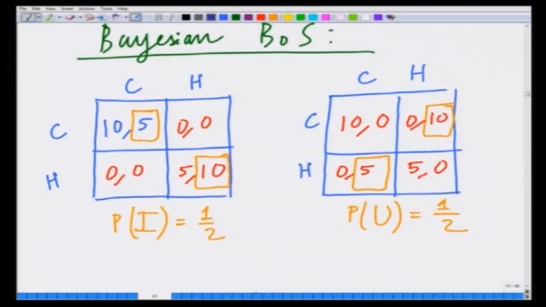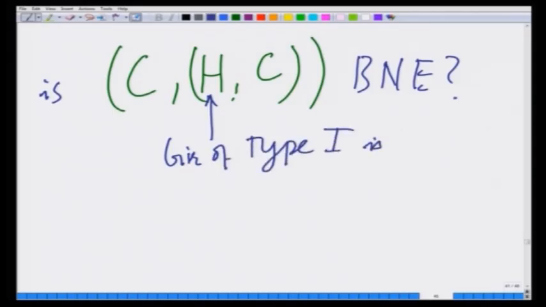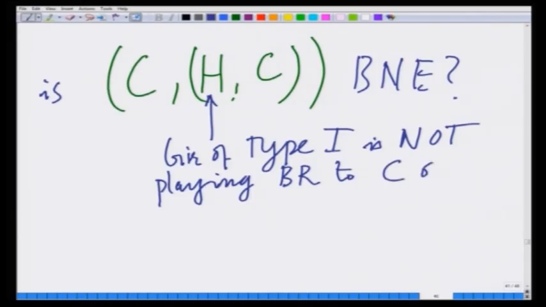If the boy is choosing C, the best response of the girl of type I is to choose C. Therefore, if we go back here, we can see that the girl of type I is not playing the best response to C of the boy.